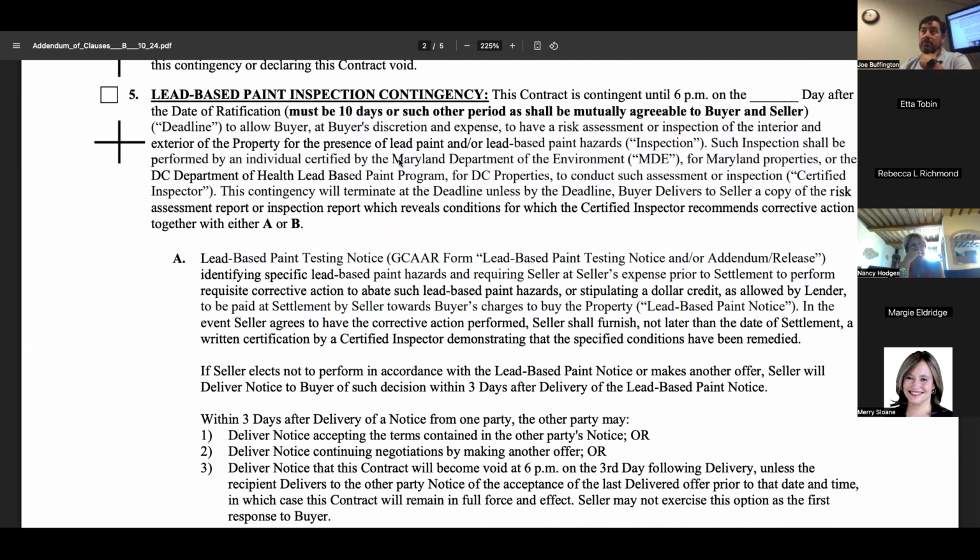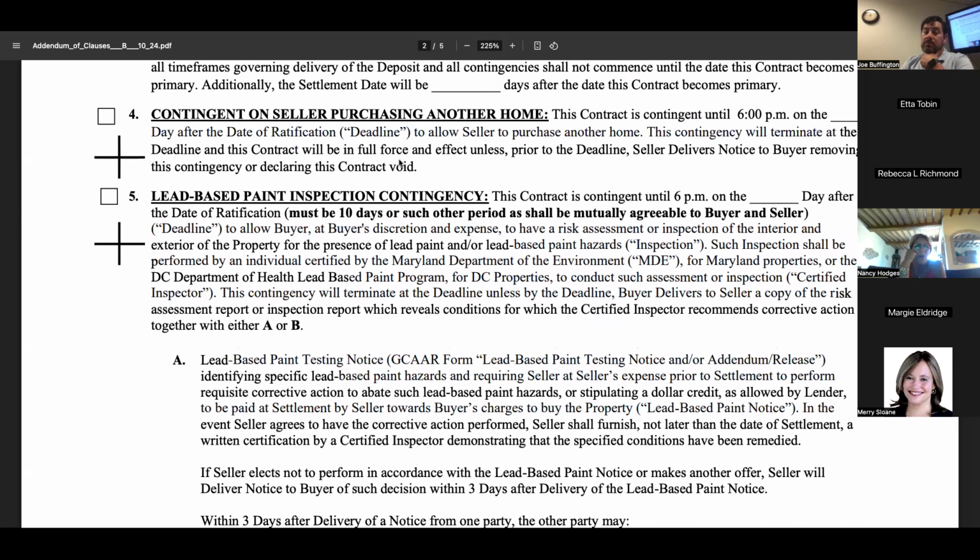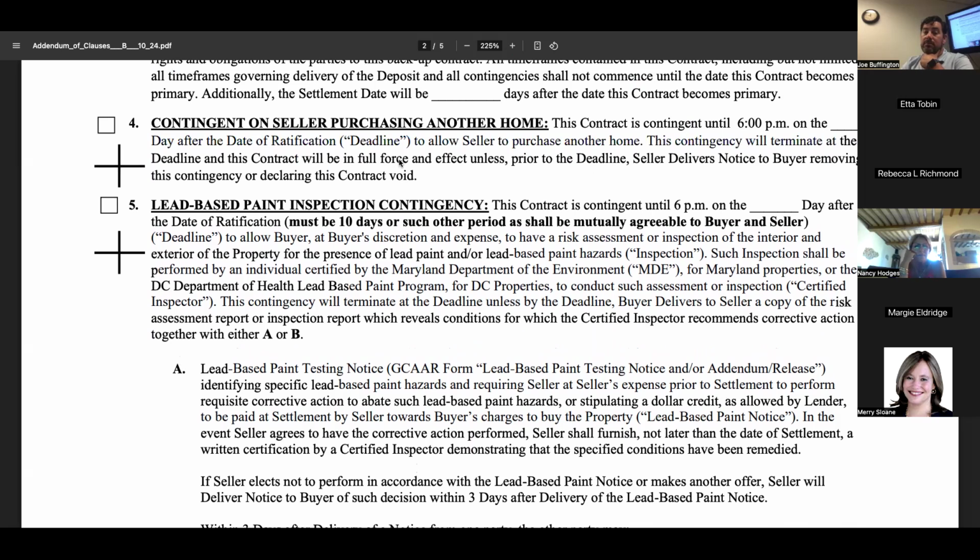Isn't it a good idea for you then to also put number 4 into your contract coming in, in case something falls through? If you are the buyer's agent, and the home that you are going under contract for is contingent on the seller purchasing another home.